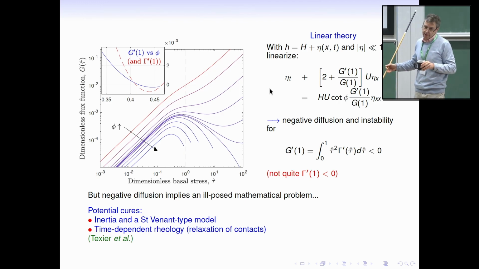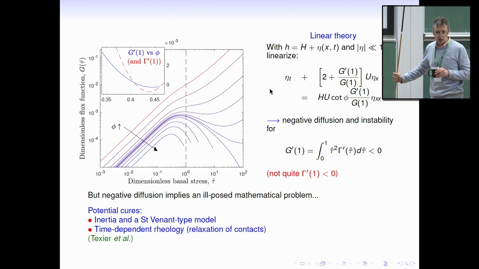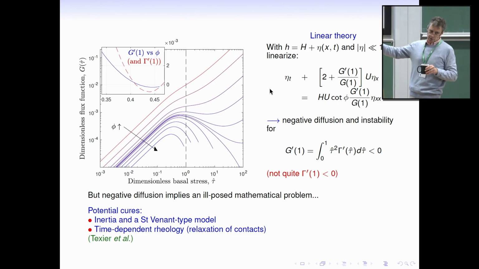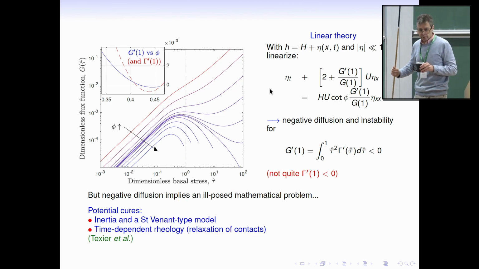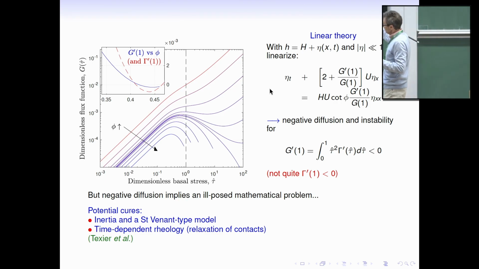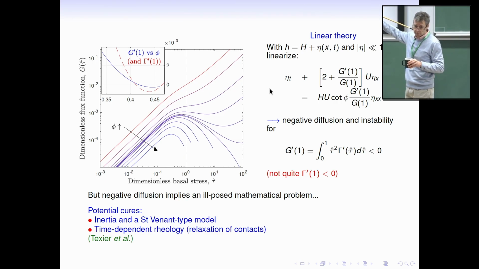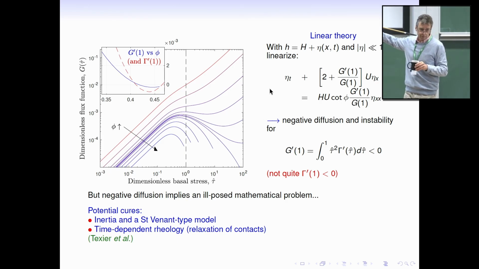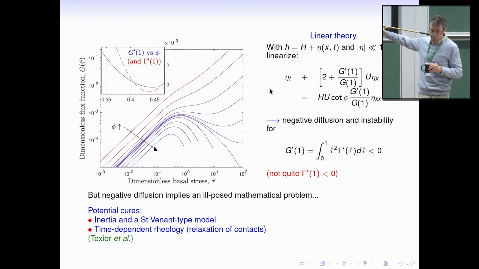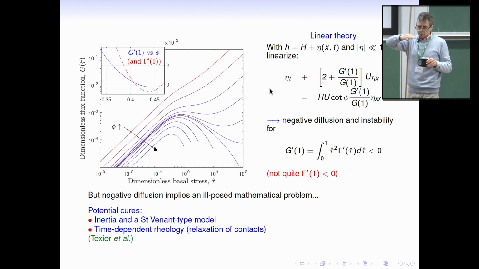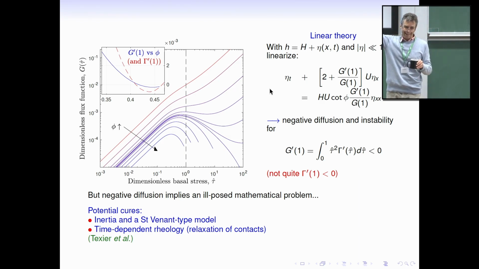But now, having sat through a number of talks in this workshop where people have talked about N-shaped curves or S-shaped curves, you know that that's not the complete story, because this implies an ill-posed mathematical problem. There's an ultraviolet catastrophe associated with the fact that the short waves are all much more unstable. Right? In the roll wave problem, we had the growth rate coming up and flattening out.